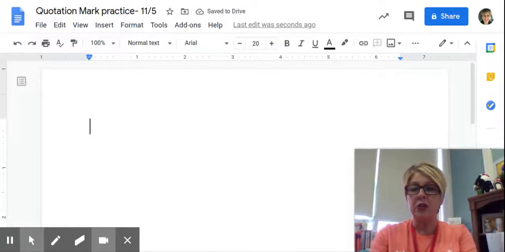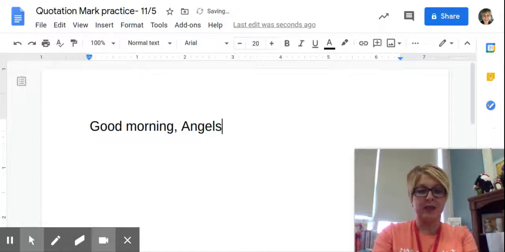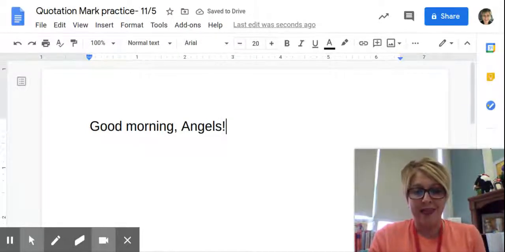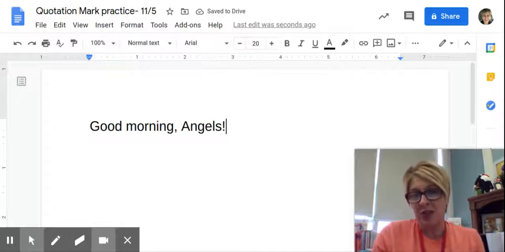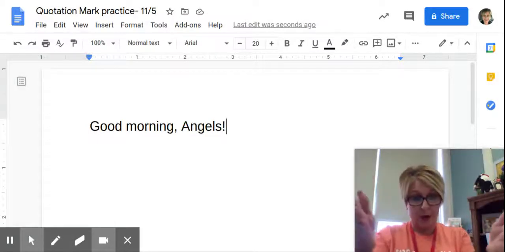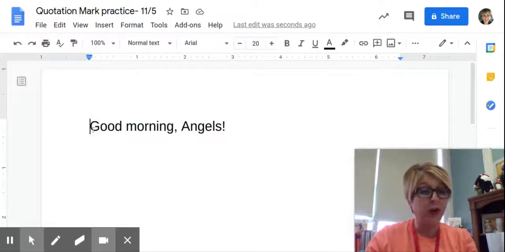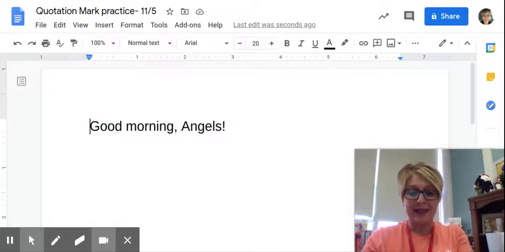I'm first going to type that sentence, and I believe there was an exclamation mark at the end of that. Now, since she was talking, we're going to put the quotation marks around the words that she said. So I'm going to put them at the beginning, before the word good.